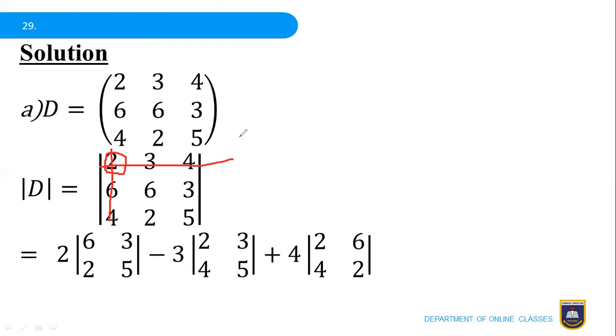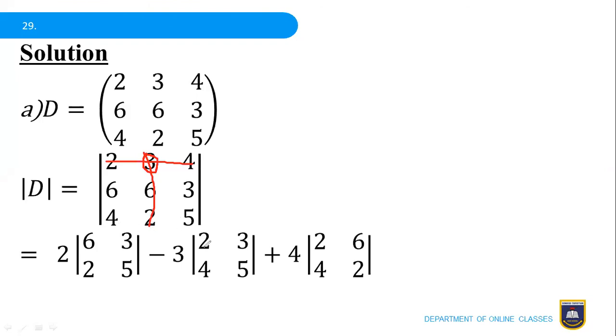The next one is 3. If I pick the 3, again, I'll cancel the first row and the whole of the second column. So my cofactors will be 6, 3, 4, 5. Please, it's supposed to be 6, 3, 4, 5.